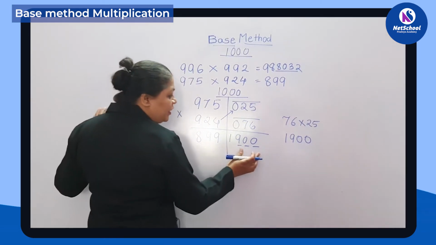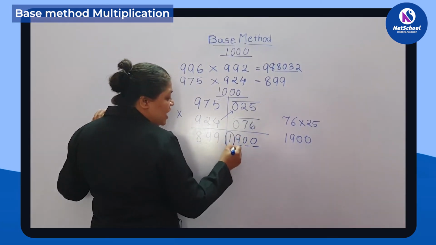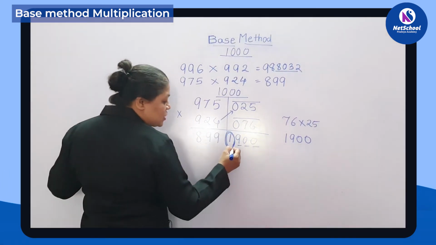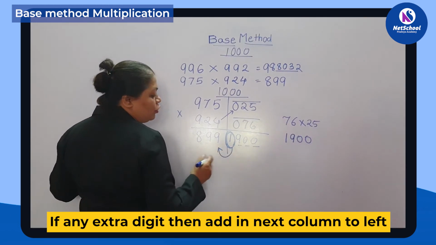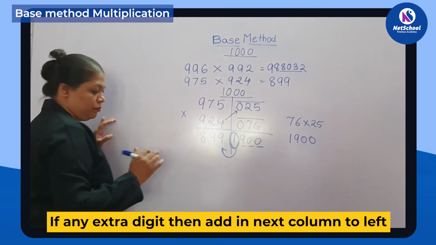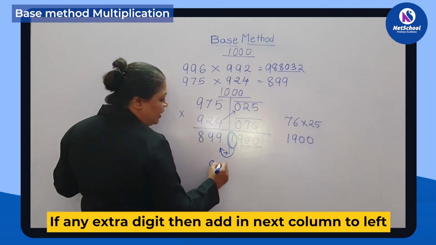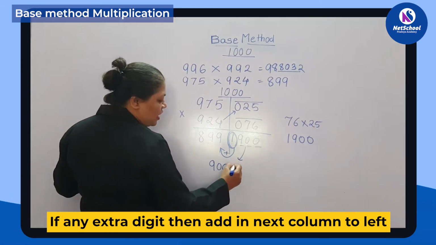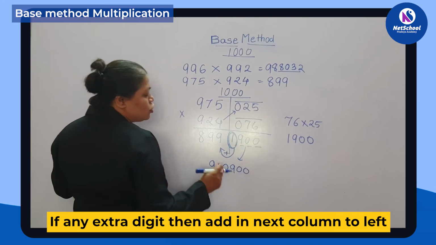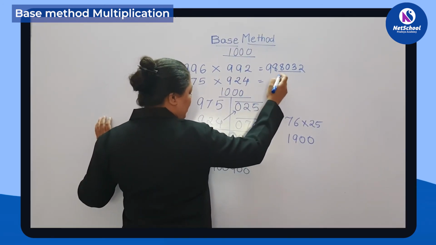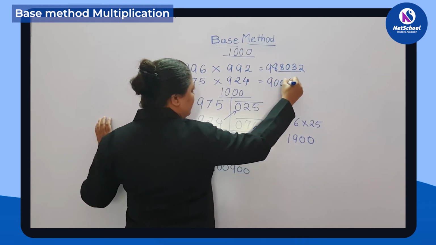Here the 4th digit is an extra digit. So this extra digit must be given to the next column. 899 plus 1 will be 900. So our answer, instead of 899, will be 900.